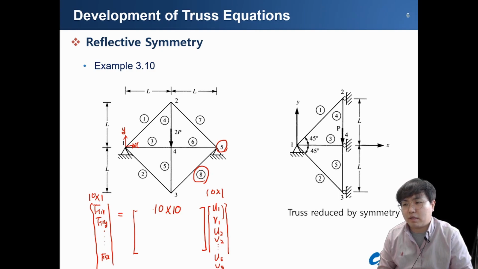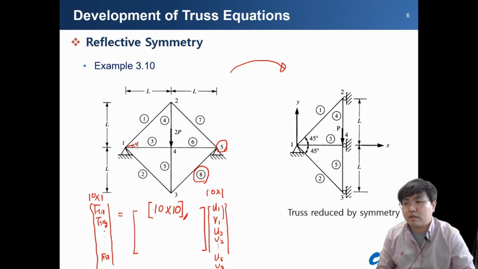But we haven't checked the boundary condition details yet. Anyway, we would have to take the inversion of a 10 by 10 matrix, which is very difficult. To make it simpler, we can use the symmetric characteristics.